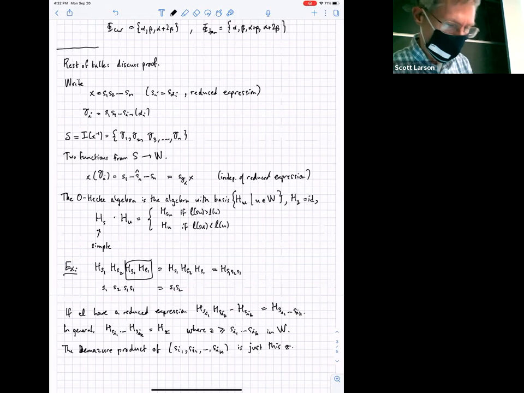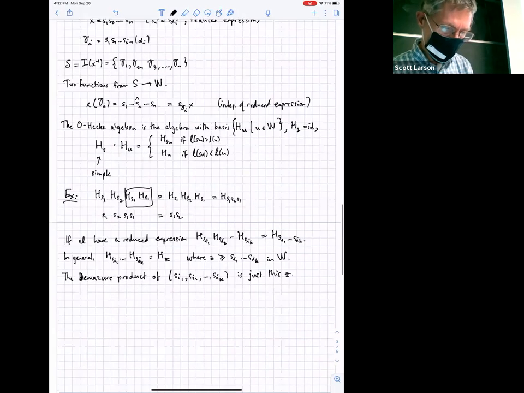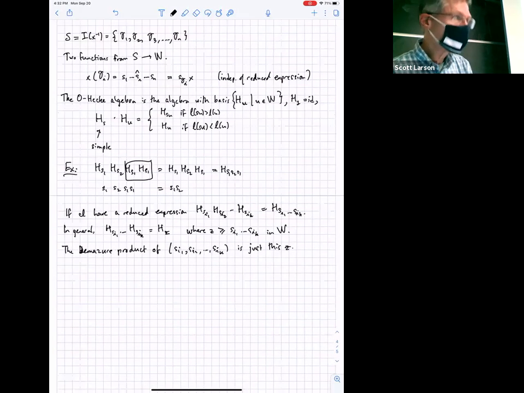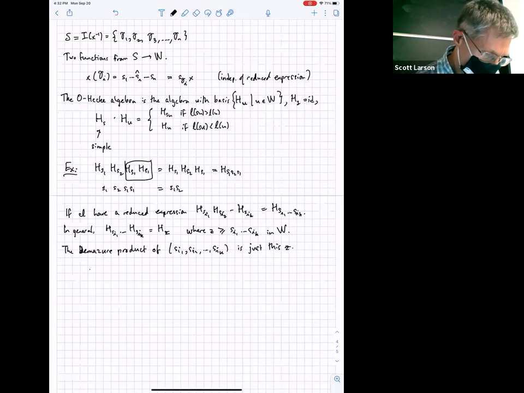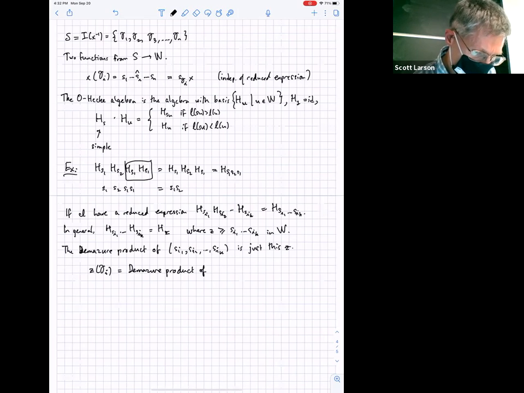I think that term was introduced by Knutson and Miller. You're basically taking some longer element than you would get by multiplying all the elements together. And so my function z of gamma i is the Demazure product of s1, s i hat, s of n.